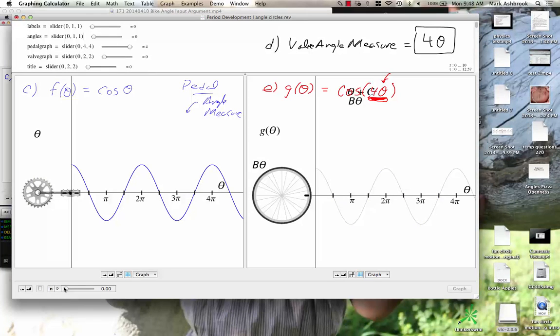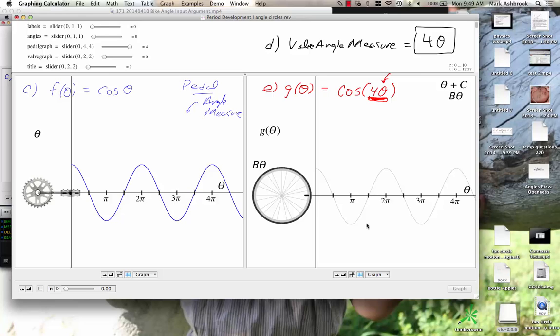Now, what's the graph of g going to look like, function g, or cosine 4 theta? What's that going to look like? Exactly the same graph. So what is g? The input of g is the angle measure of the pedal, and the output of g is, what was the output of g again?